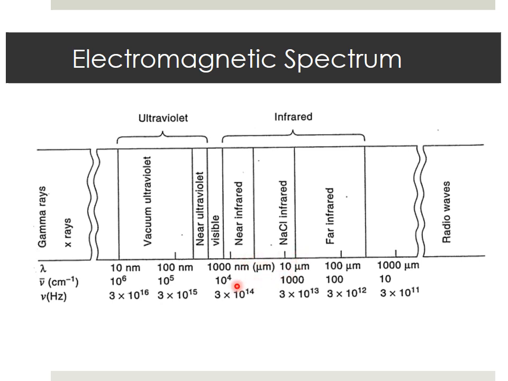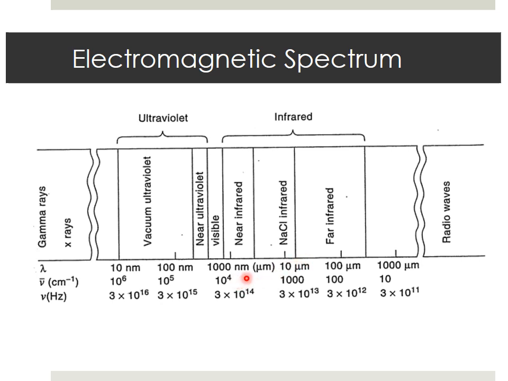If we take this in centimeter inverse, actually this unit is used for infrared region most commonly. So if we use centimeter inverse, then for analytical purposes that is from 2.5 micrometer to 15 micrometer, which is most commonly used infrared region for analytical purposes.